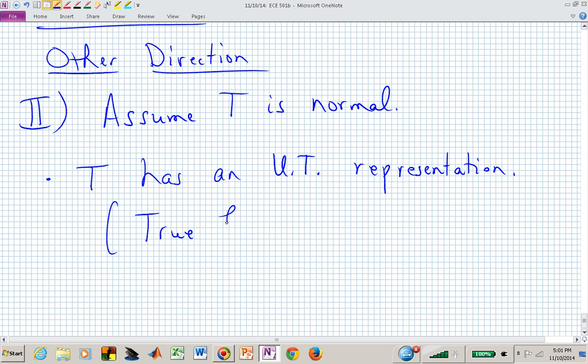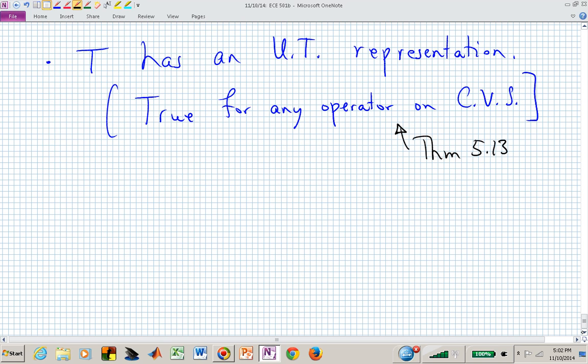That's true for any operator on a complex vector space. And if you need to follow up with that, that was Theorem 13 in Chapter 5, if you want to convince yourself of that fact. Which means the following.